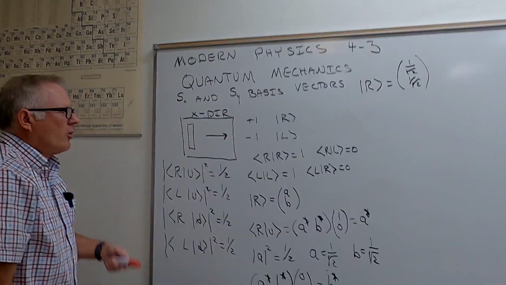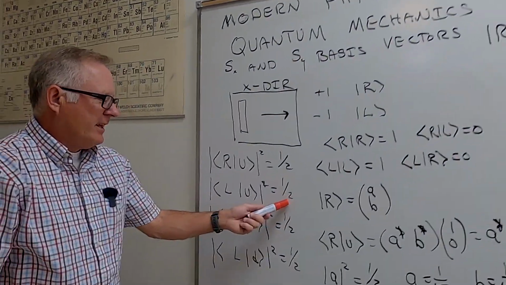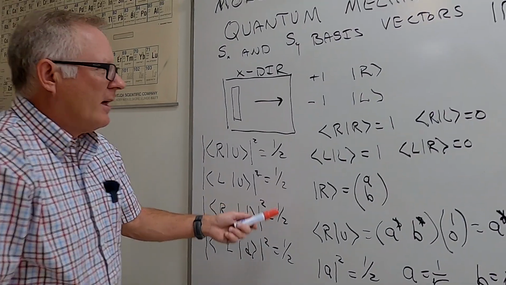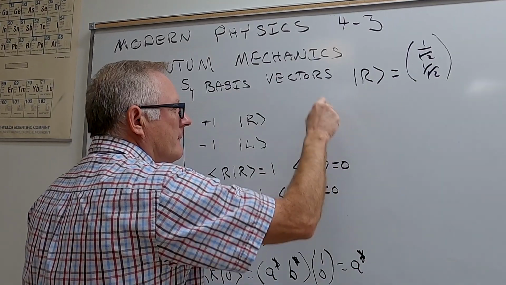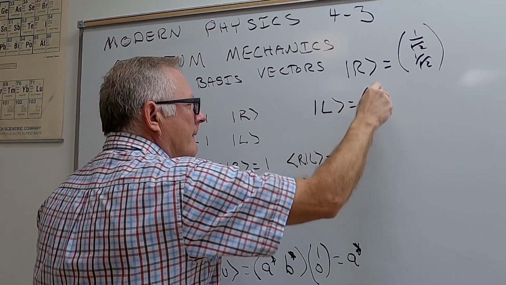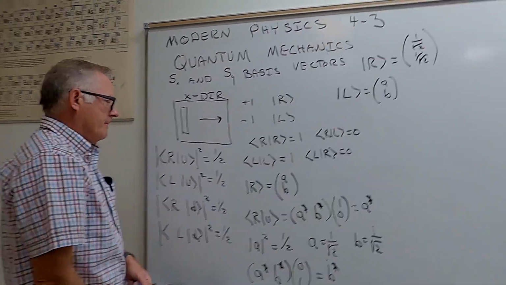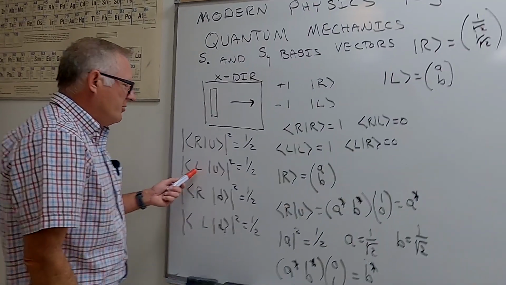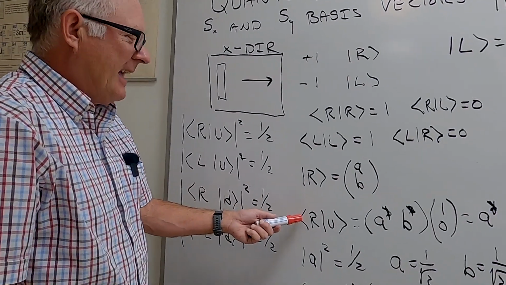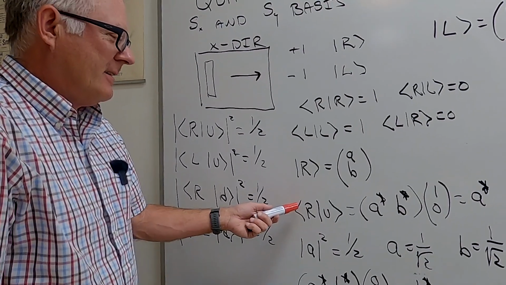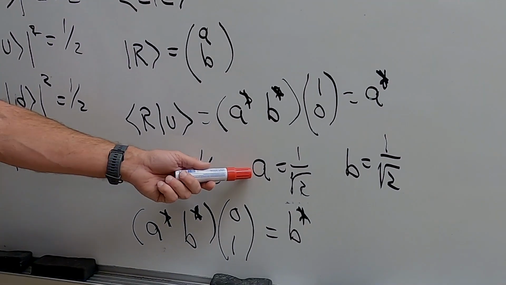Now, we do the same thing for the left. Left up should equal 1/2. Well, what do we want to call left? How about if we just let left equal AB, and find A and B. Well, if we just come along and use this, we're going to do left up, which is exactly like this one, right up, which is going to look exactly like A star, which means A is going to be 1 over the square root of 2.